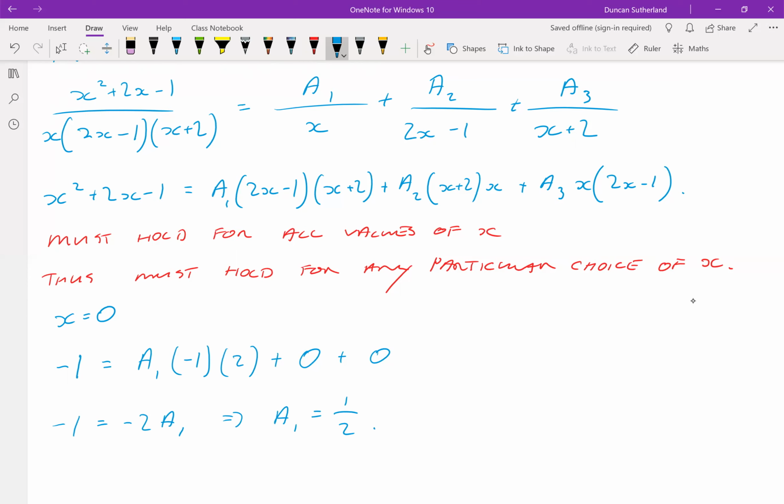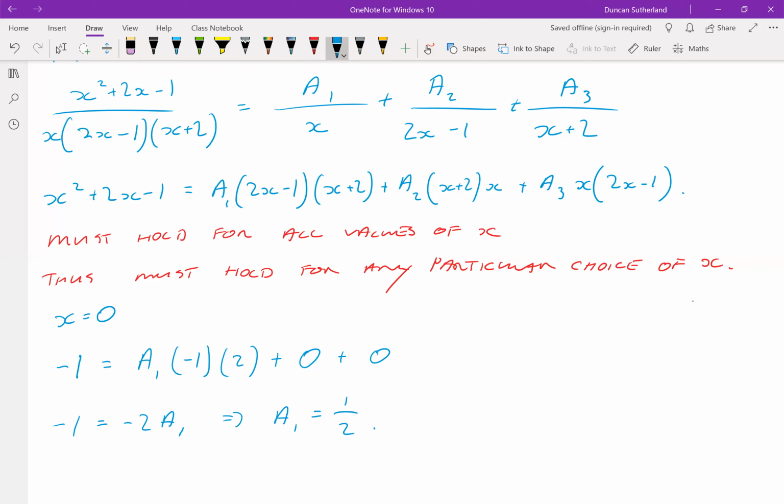What I can do is exploit the fact that I can set, say, x equals minus 2. That gets rid of this factor. My A1 term disappears, my A2 term disappears, and my A3 term survives because it doesn't have this x plus 2 factor.